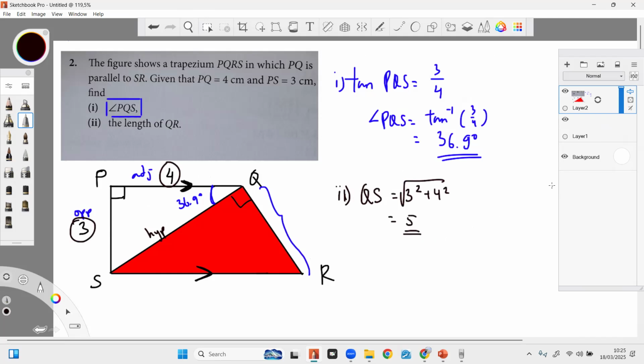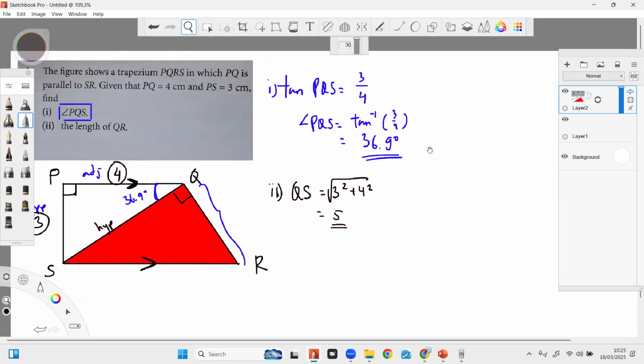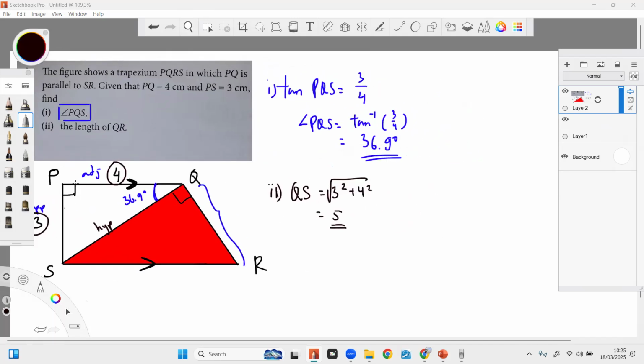Have you ever heard about Pythagorean triples? Yeah, 3, 4, 5. I will give you more Pythagorean triples. These are numbers that, if you add them up, follow the Pythagorean rule: 7, 24, 25, 8, 15, 17.